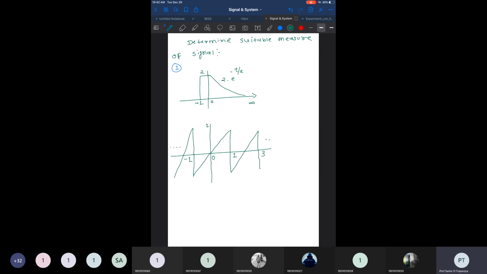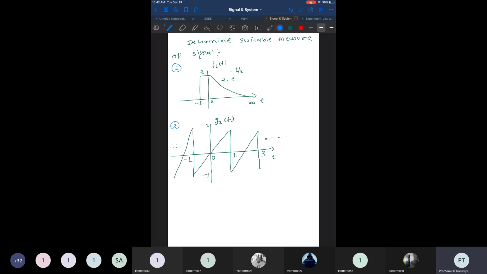The amplitude is 1 and -1. We consider the first signal as G1 of t. The second signal continues forever in both directions, and it is G2 of t. Now you have to find the suitable measure.